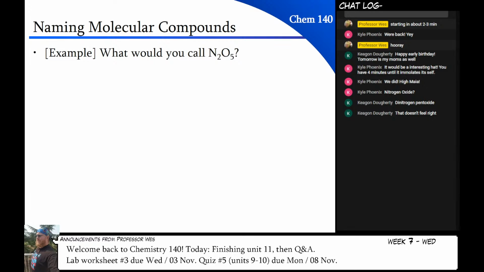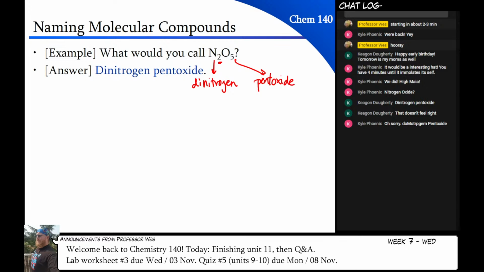It might seem weird, but it's actually the right name. So let's go over the answer here. So this is nitrogen. This is oxide. And then we're going to do a number prefix for each. So 2 is di, and then 5 is penta. We'll just get rid of the A on the end because we get an AO combination. So there you go.